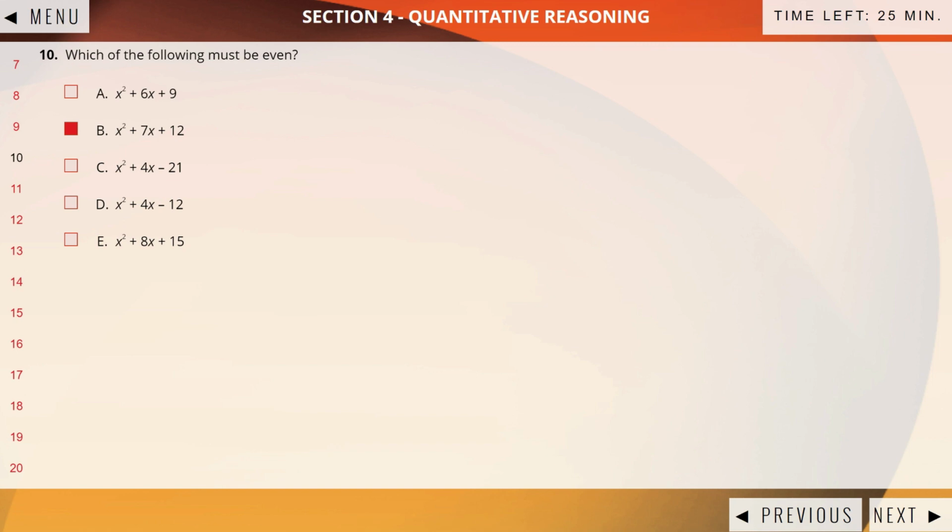So if I've done my calculations right, and I will double check that, B is even regardless. Let's quickly double check. If x is even squared is even, 7 times an even is an even, plus 12 is an even. If x is odd squared is odd, 7 times an odd is odd plus an odd is even plus 12 is even. So B has to be even. Won't even check the others.